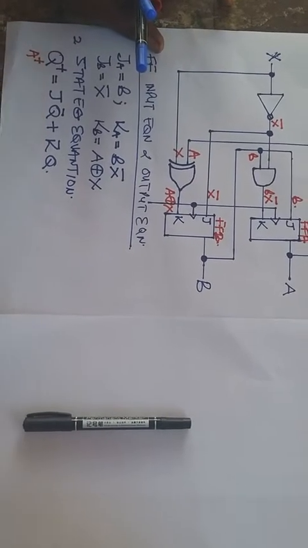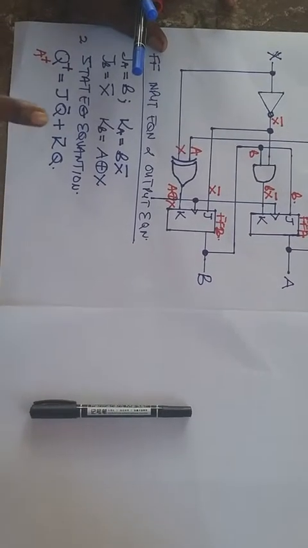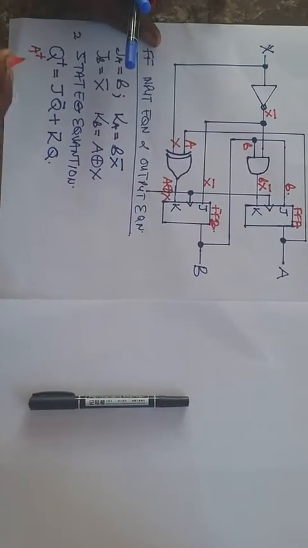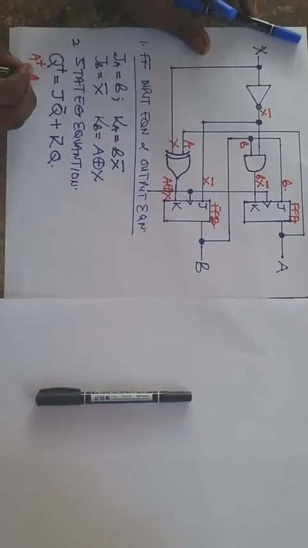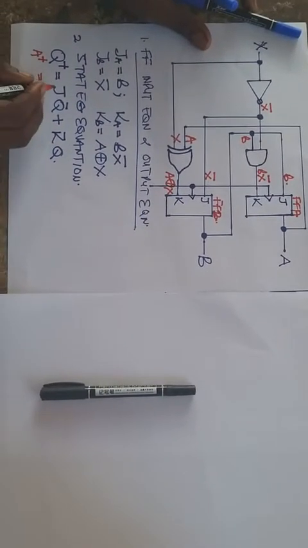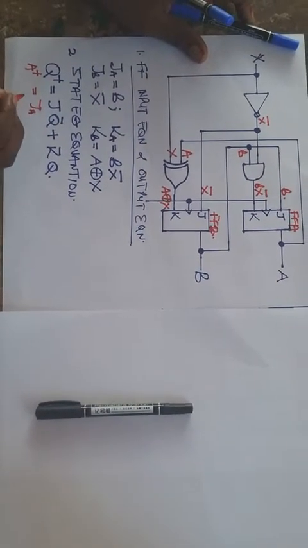Let me use A plus for the next state. Either you use A of n plus 1 or A plus, which signifies the next state. So this is going to be equal to J, and for this matter we are talking about JA.